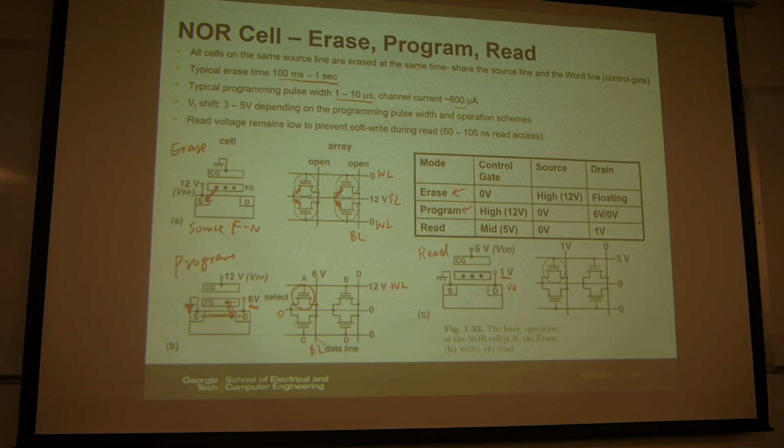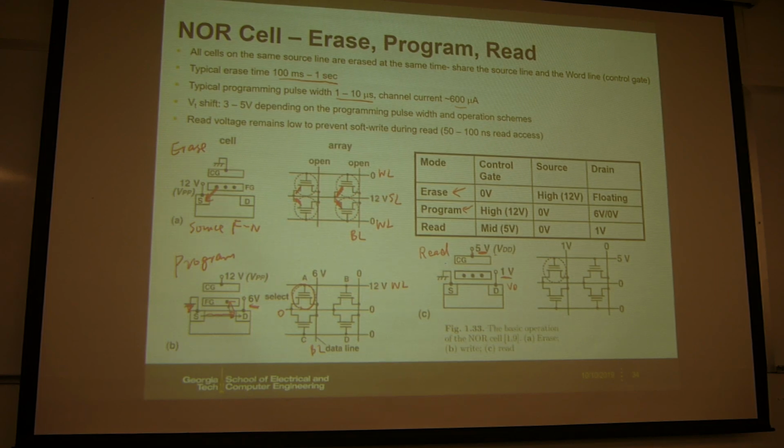Still need to fully turn on this transistor by applying 5 volts to the gate. So here, those voltages are some medium voltages, because you don't want to program, you don't want to have this FN tunneling or channel hot electron, but you just want to read out the current, so you apply those numbers.